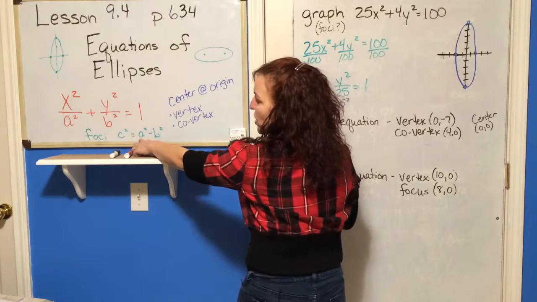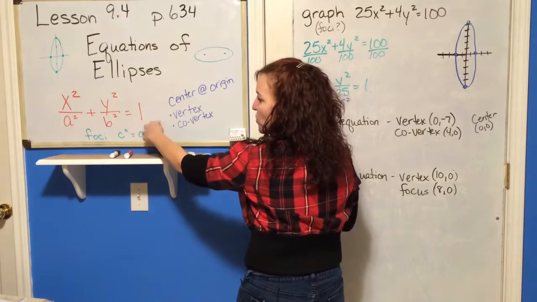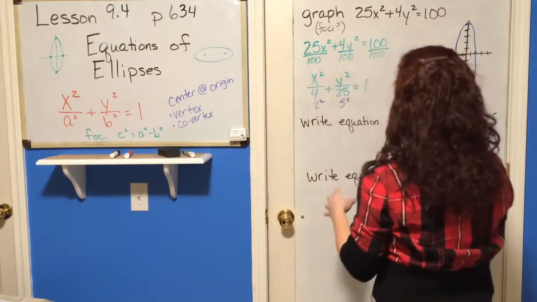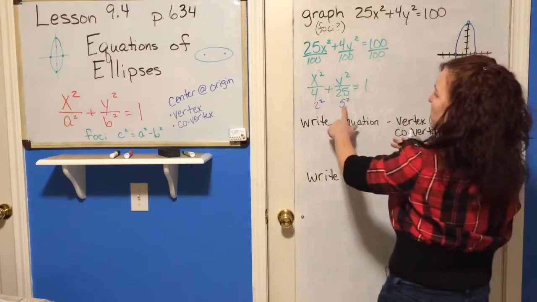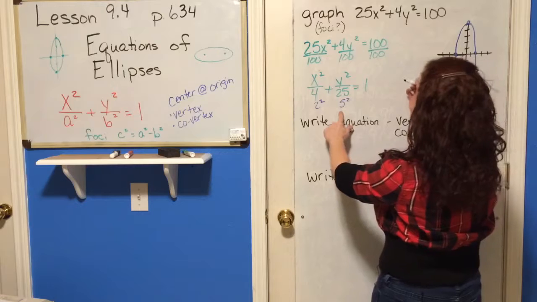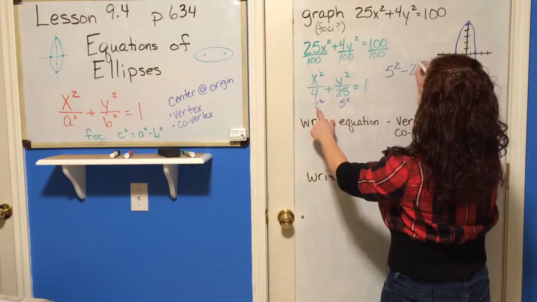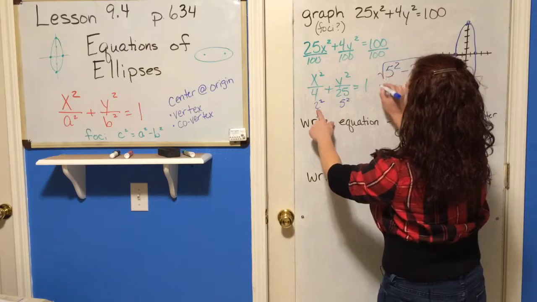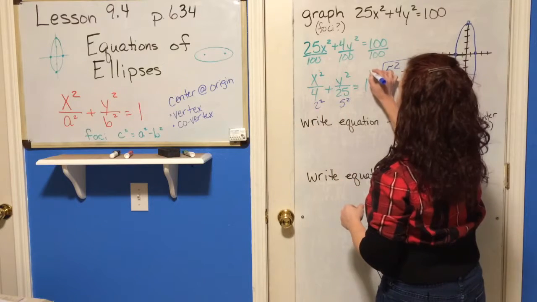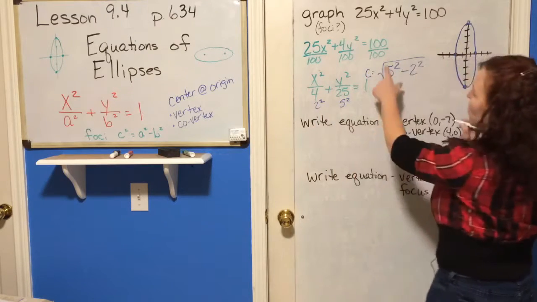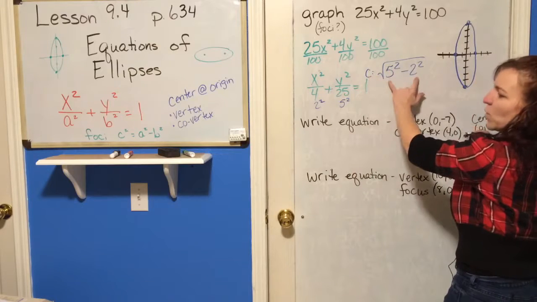Now what I'm doing there is whichever one is bigger minus whatever's smaller, because we need that to be a positive number. So we've got 5 squared minus 2 squared is going to equal C. And I did the square root of it because C squared equals this.